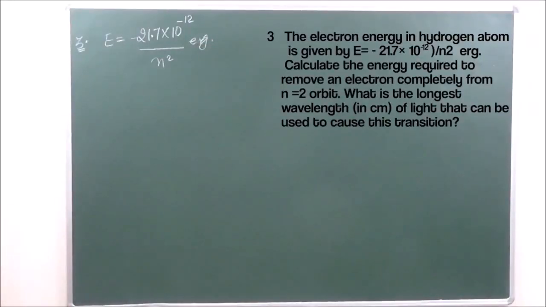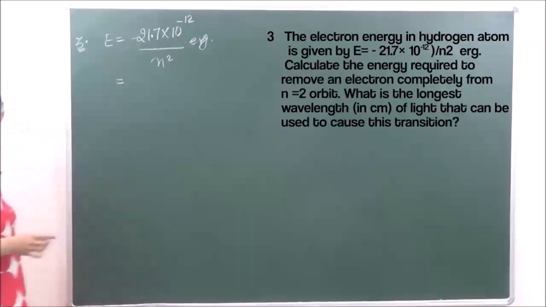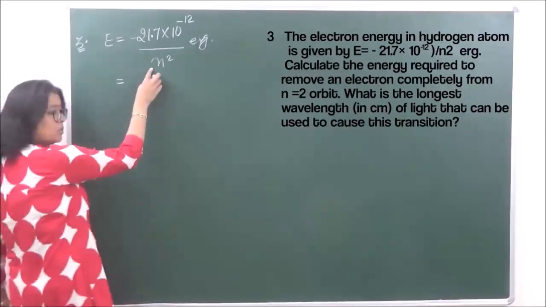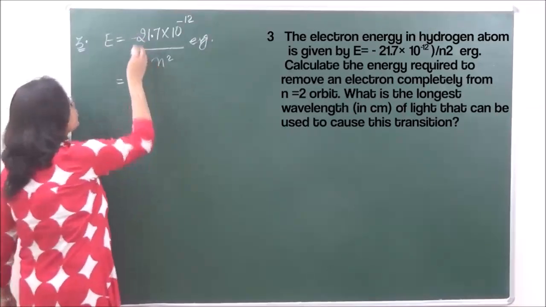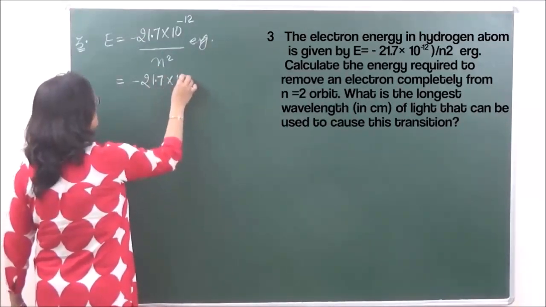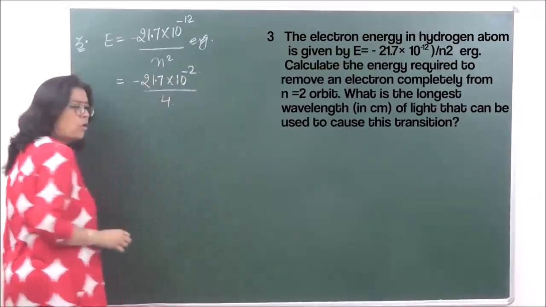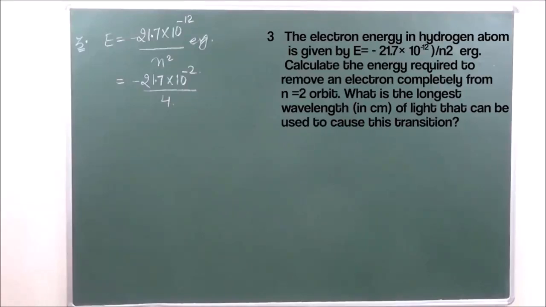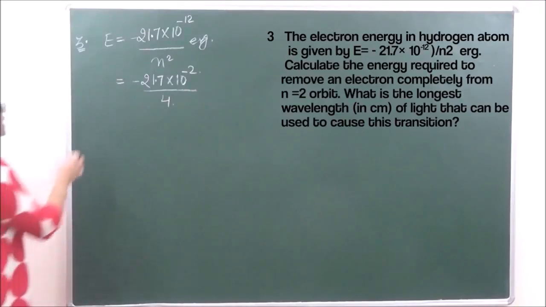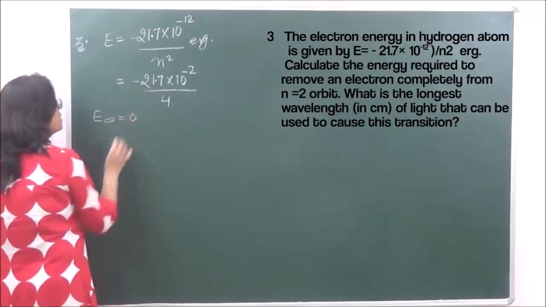Now we have to calculate the energy of the electron in the second orbit, so n will become equal to 2. Okay? So we have minus 21.7 into 10 raised to power minus 12 upon 2 square, which is 4.